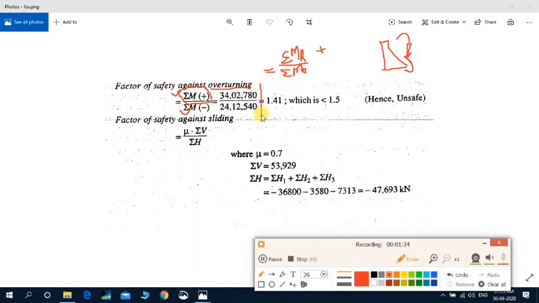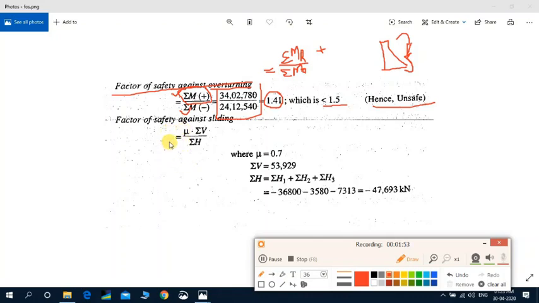The ratio of these will give you the factor of safety against overturning. This should be greater than 1.5. Since this is less than 1.5, our structure is unsafe against overturning.